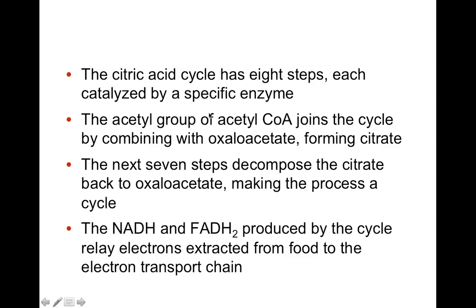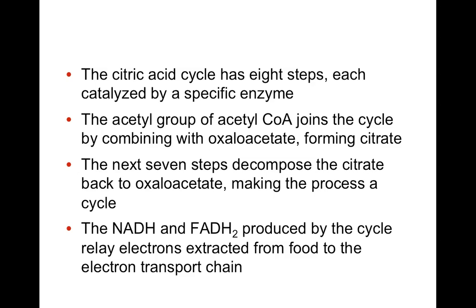So the citric acid cycle also has several steps catalyzed by different enzymes. And the first thing that happens, the way the cycle starts, is when we take that acetyl group, what's left of pyruvate that was joined onto acetyl-CoA, which is combined with oxaloacetate, forming citrate.